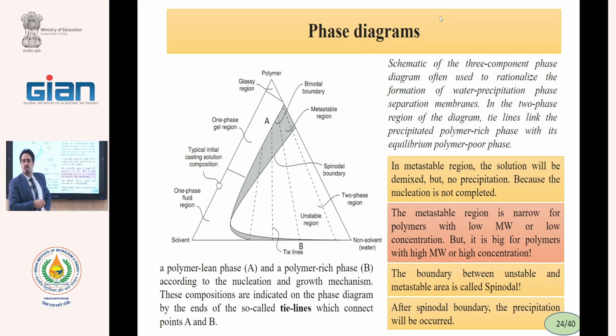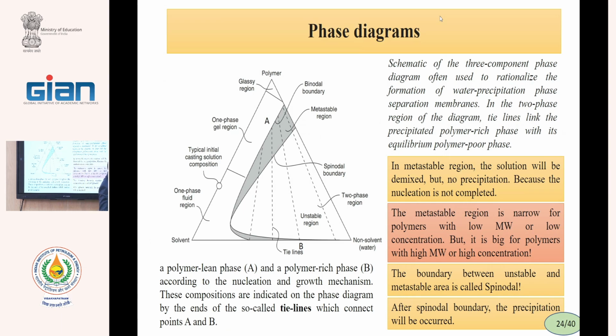For preparation of a membrane, we usually prepare the solution in this area. In this area, we have a stable solution. That means when we have 2%, 3%, 5% of water in the polymeric solution, the polymer solution is stable. With the addition of 2%, the polymer solution does not change to a solid.